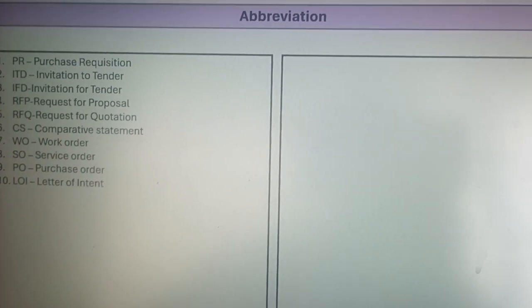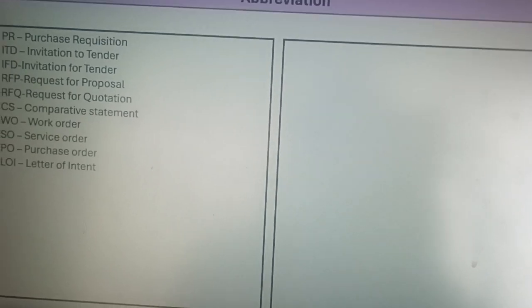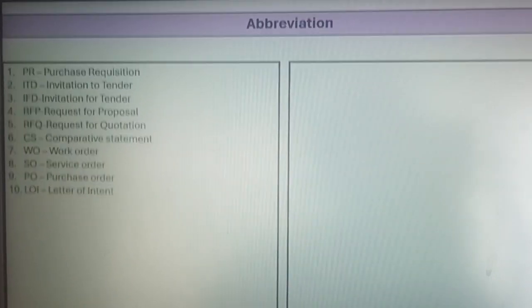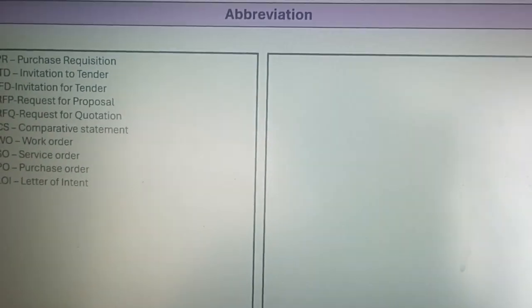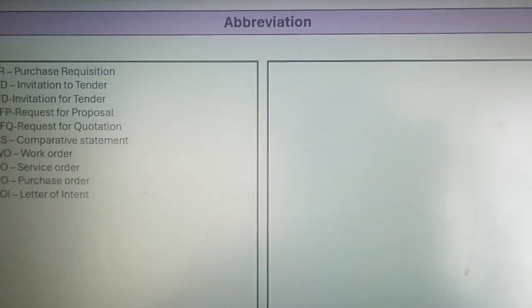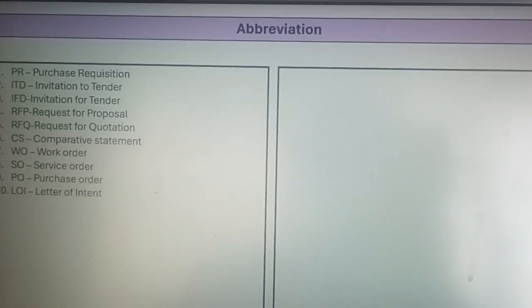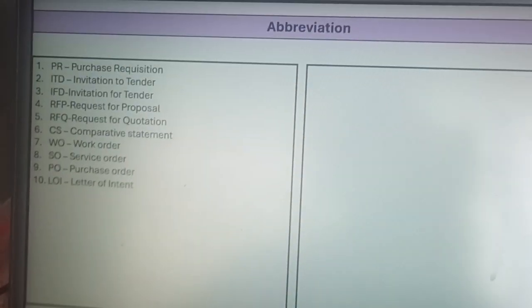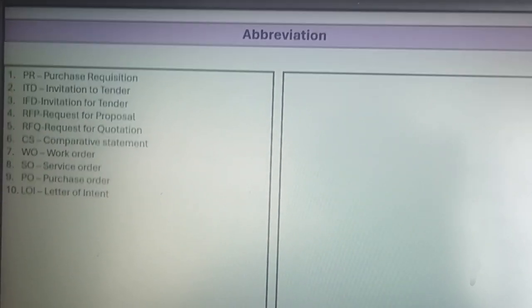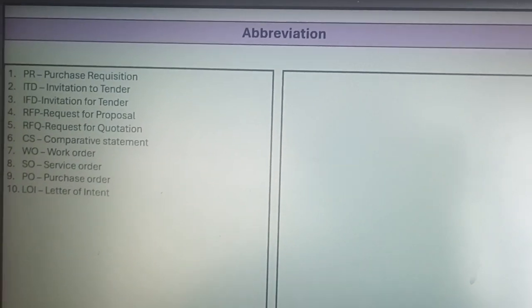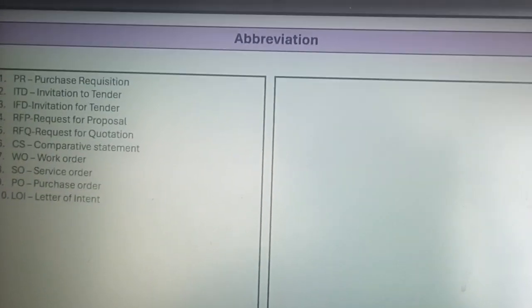The LOI is used when we need to take confirmation from a vendor on whether it is interested to bid on this product or contract, yes or no.